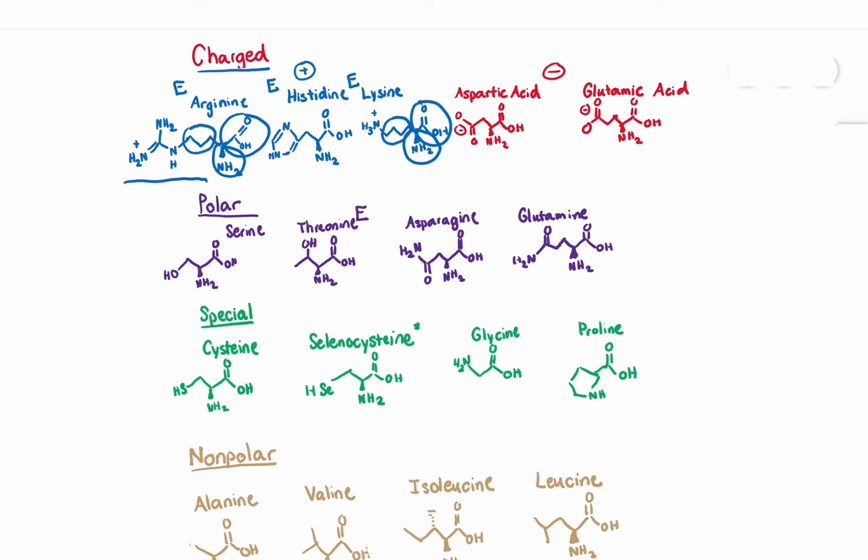And so it's not fully charged, but it has these two poles in its structure. Charged and polar amino acids have the property of being hydrophilic. And hydrophilic means that it loves water.